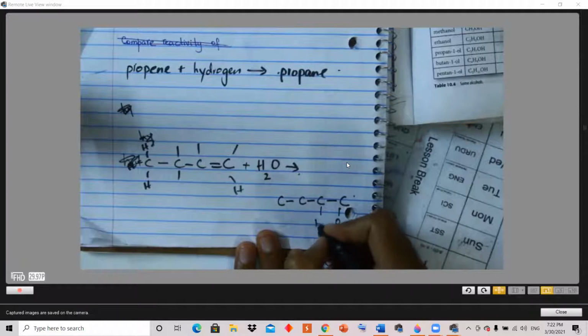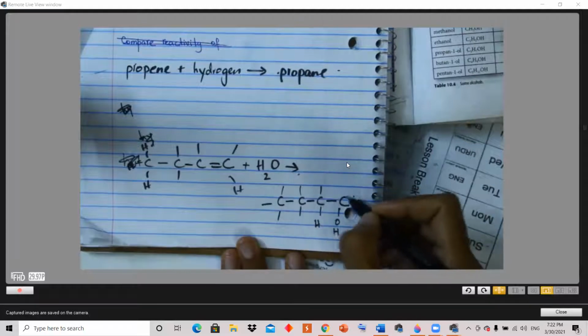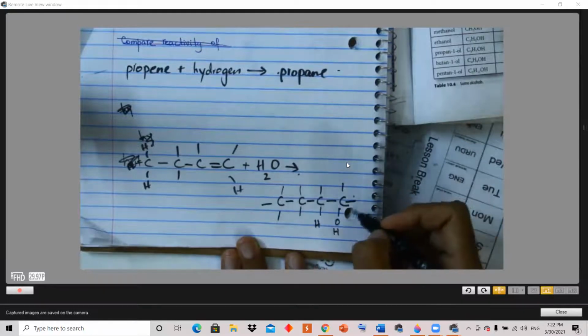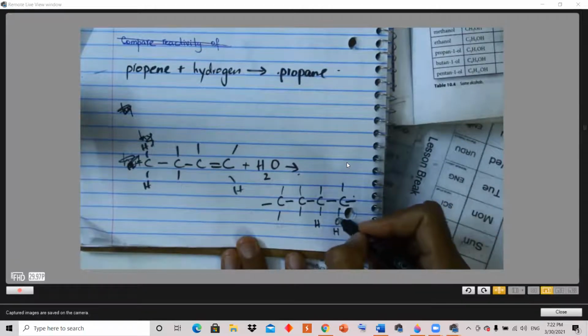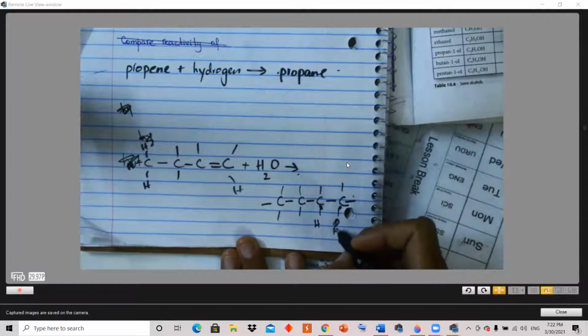Because the double bond was here, right? So when the double bond broke, this carbon and this carbon got available. And so the OH came.